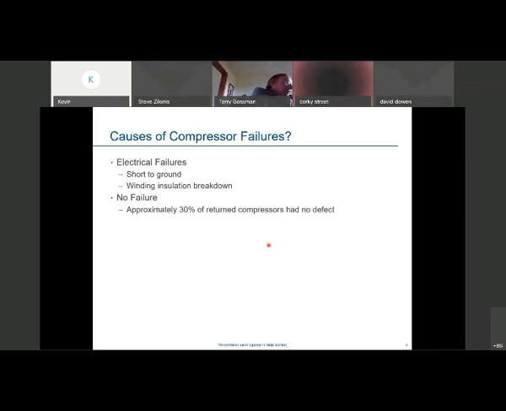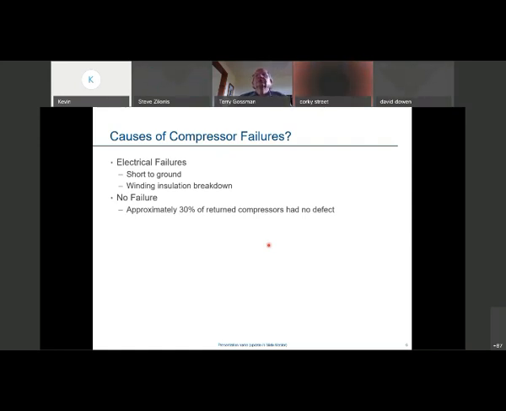Insulation breakdown, turn-to-turn shorts, that kind of thing, from POE oil or acidic conditions that haven't been addressed in the refrigeration system from, say, a burnout, that kind of thing. Can attack the windings and degrade the insulation on the windings. And if that occurs, then that's going to be a problem.